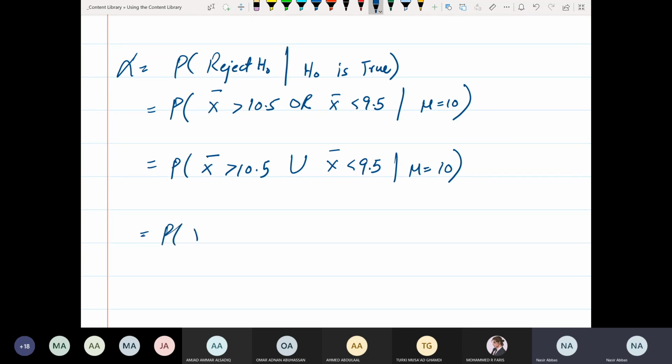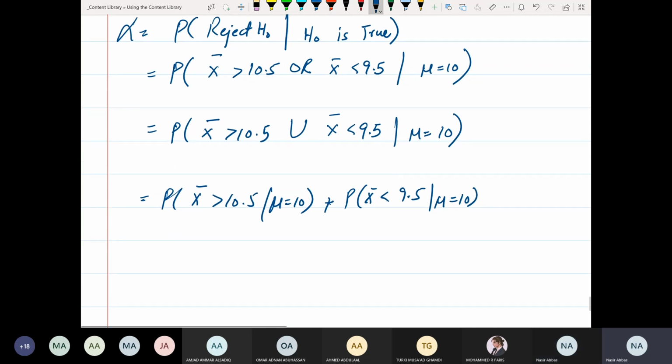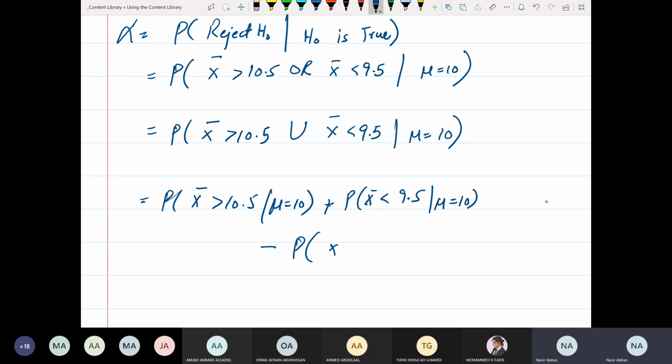This will be the probability of X bar greater than 10.5 given mu is 10, plus X bar less than 9.5 given mu is 10, minus the probability of X bar greater than 10.5 and X bar less than 9.5 given mu is 10. Probability of A union B is probability of A plus probability of B minus A intersection B. Now, who can comment on this last intersection probability, what it will be?